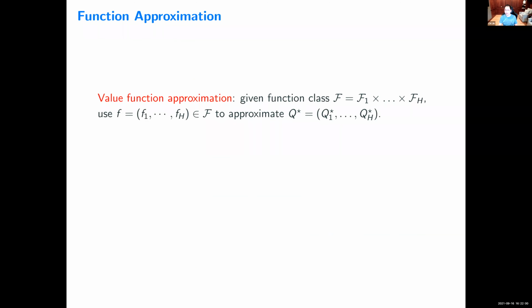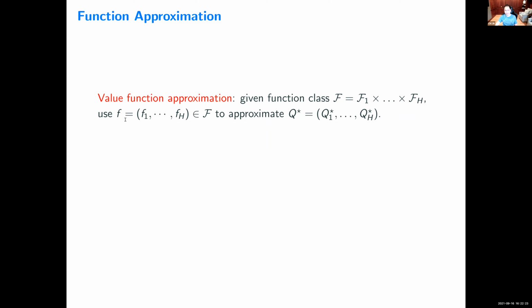And when we talk about function approximation, in addition to this MDP protocol where we can access the MDP, I'm also given a function class. Because the value function is different at each step, for each step I have a value function class: F1, F2 until FH. I denote F as the Cartesian product of all these value function classes.